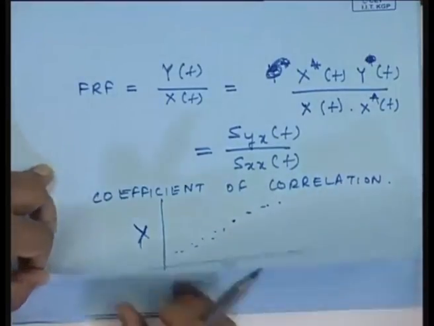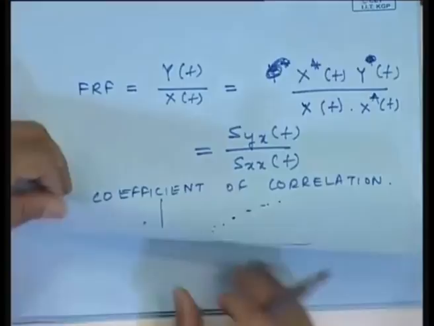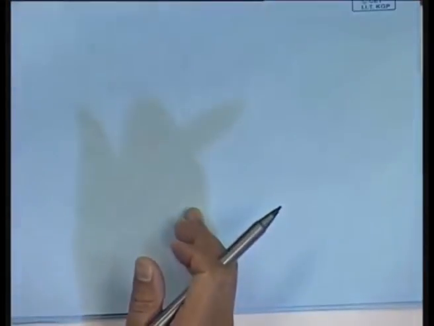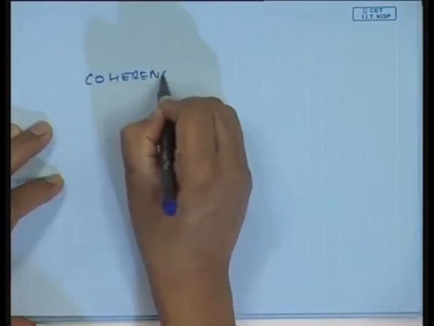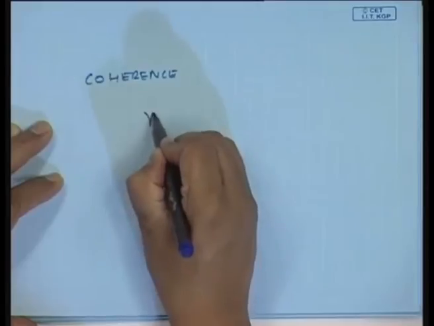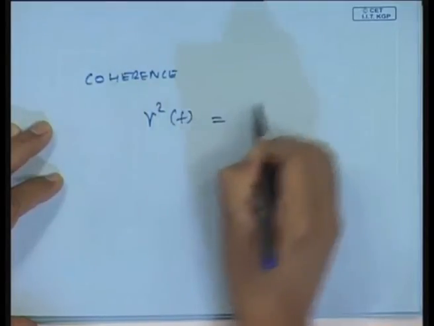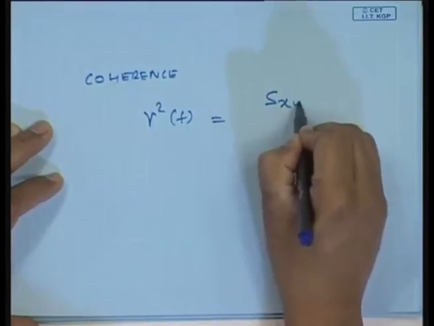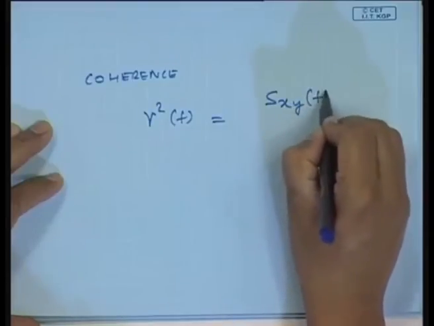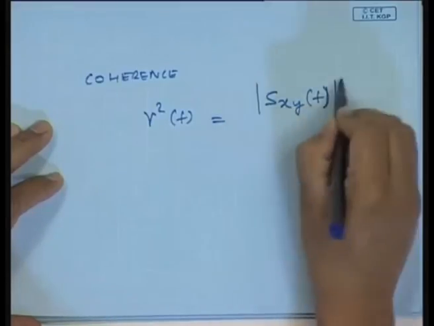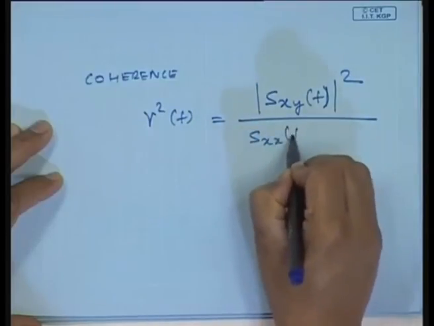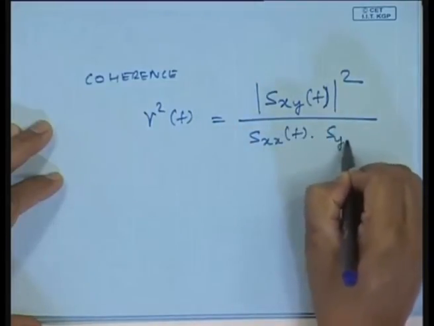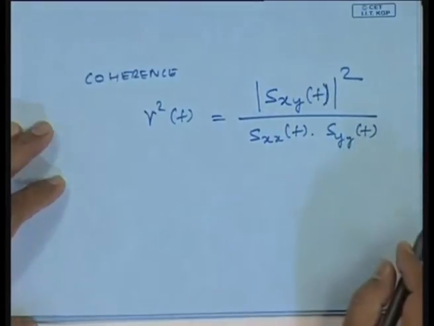Here also in the frequency domain, we can find out a term known as coherence, gamma squared of f, given by the magnitude of Sxy(f) squared divided by Sxx(f) Syy(f). Okay.